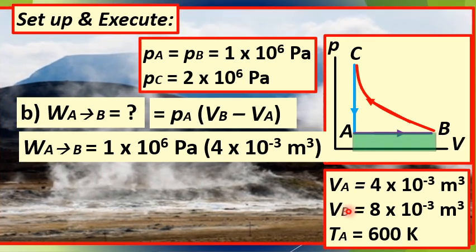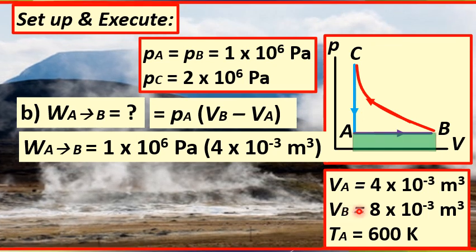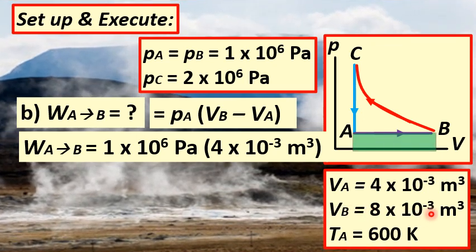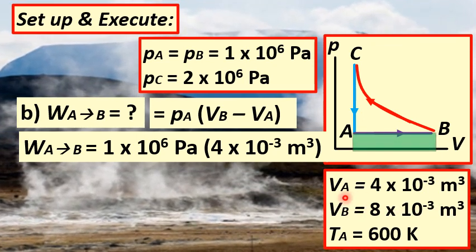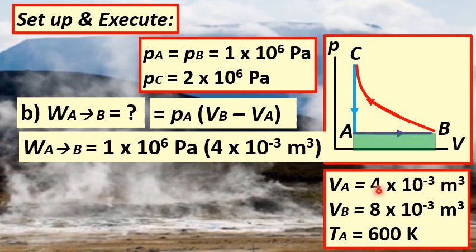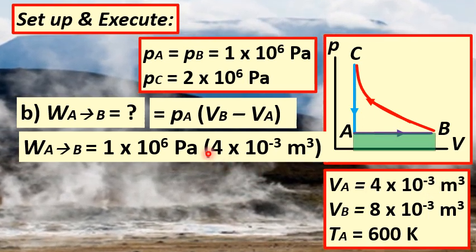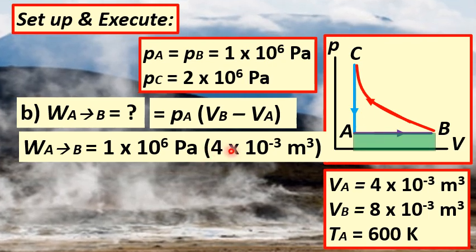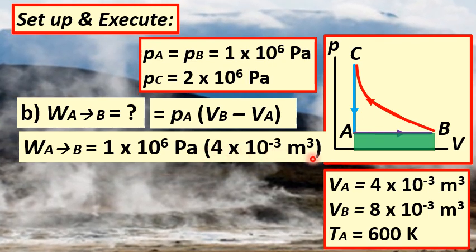So, V sub B, which is 8 times 10 to the negative 3 meter cube, minus V sub A, or 4 times 10 to the negative 3 meter cube, we get the difference in the volume equal to 4 times 10 to the negative 3 meter cube.